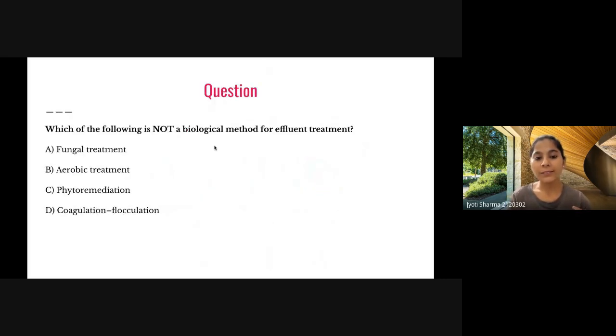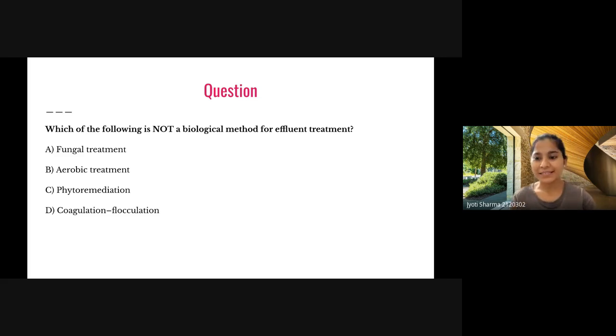Okay, so the next process was the biological method, right? And you have to tell me which of the following is not a biological method for effluent treatment. We have four options here: fungal treatment, aerobic treatment, phytoremediation, coagulation and flocculation.